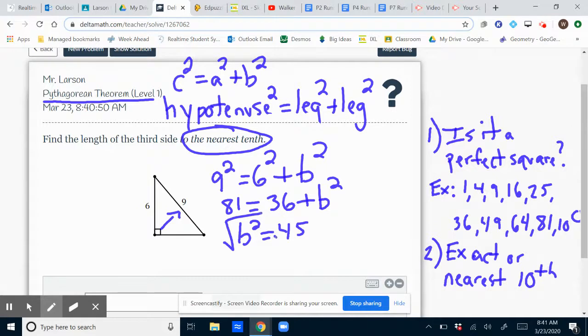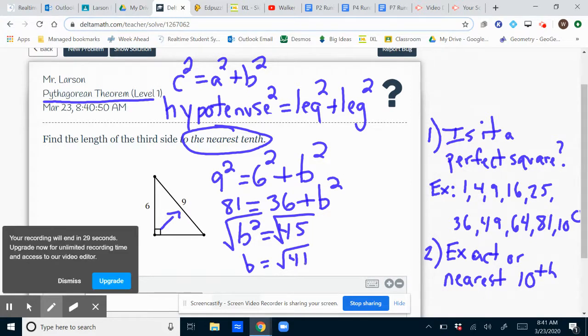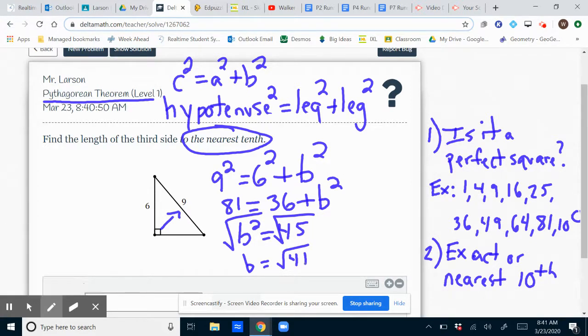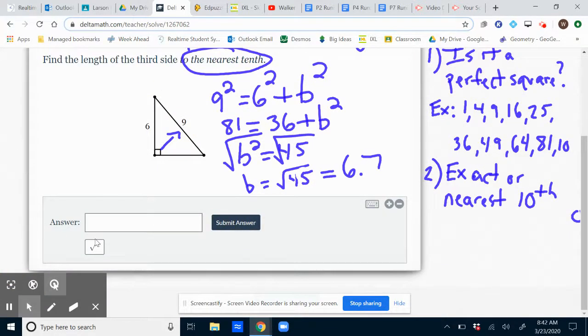Last step, square root both sides, so b equals radical 45. Since it asks to the nearest tenth, I'm actually putting that in my calculator. Radical 45 is approximately 6.7. And that's the answer you're submitting. It asks for the nearest tenth, not exact.